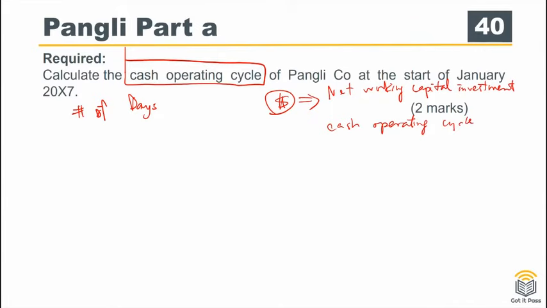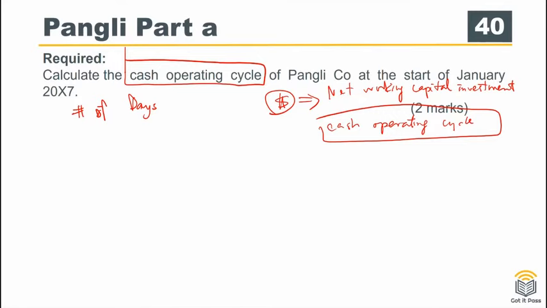The cash operating cycle is always in terms of the number of days. So bear in mind that when you are asked to calculate the cash operating cycle, you have to work out the number of days, not the net working capital, not the dollar side.